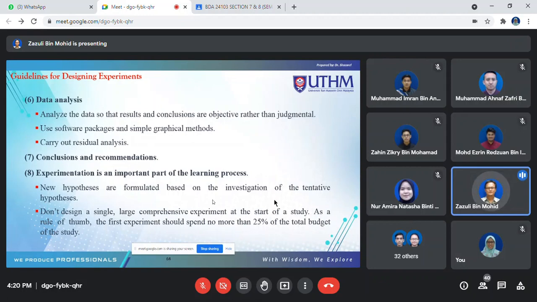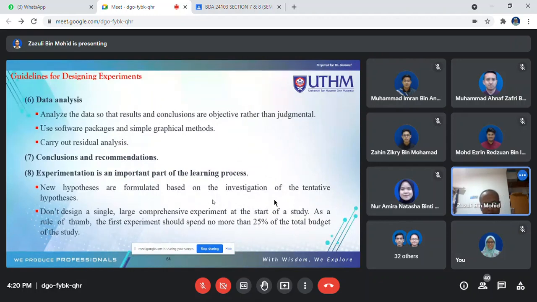So from the new experiment, we collect the data. We also can create another new hypothesis based on the calculations that we do according to the methods explained in statistical books or any calculation method in this course.